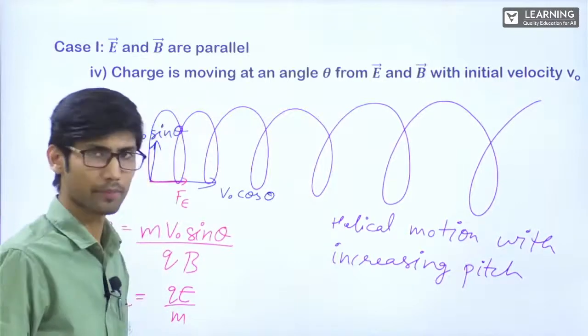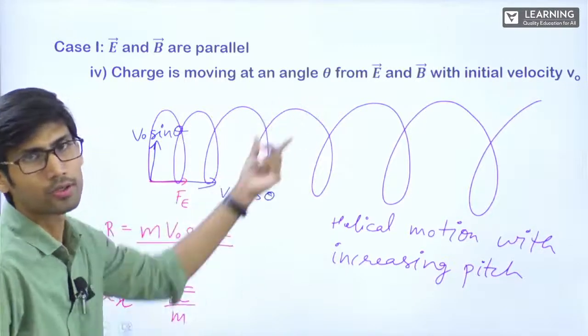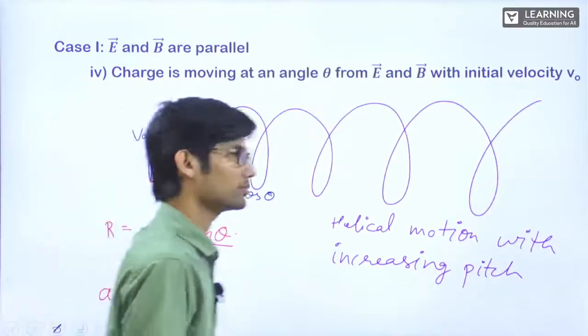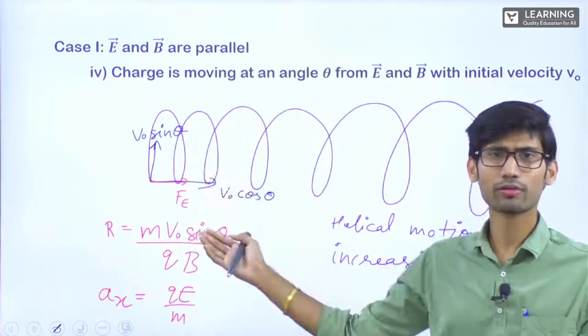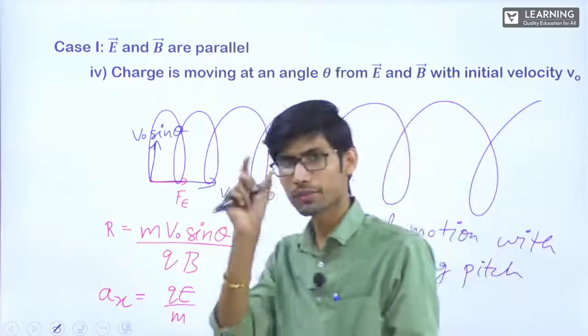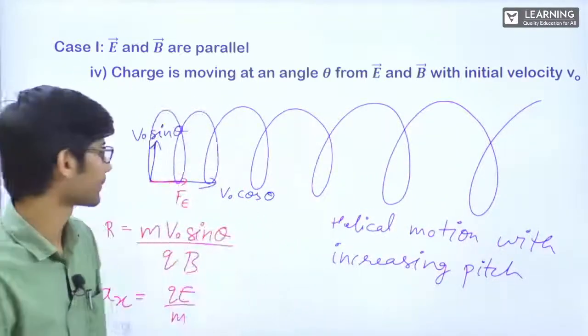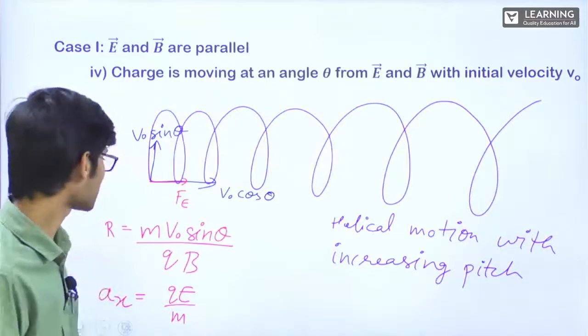Both things will be same, but the only difference is here in x we have got an initial velocity v naught cos theta. Make the diagram, resolve the velocities, make the components of velocities, you will understand. Just remember v perpendicular, v parallel. In x, whenever you are solving, always use v parallel.